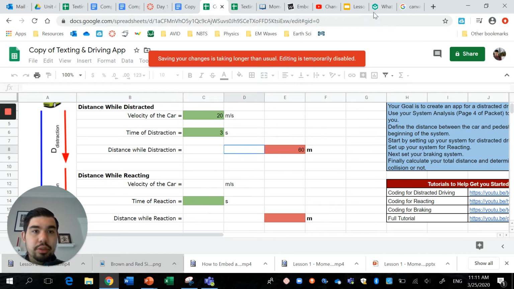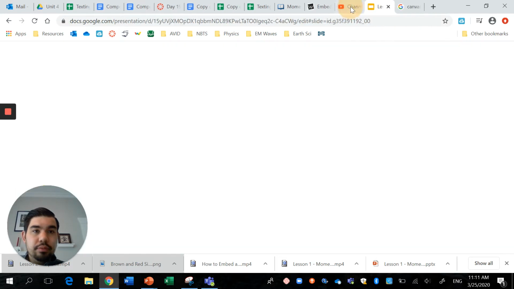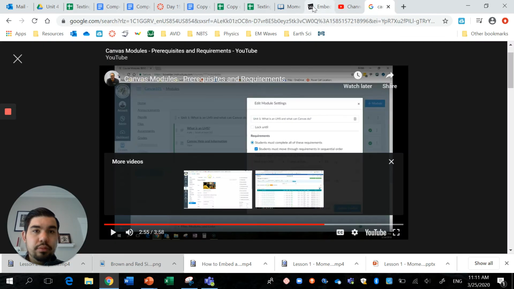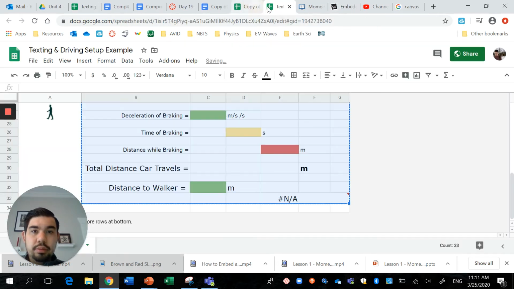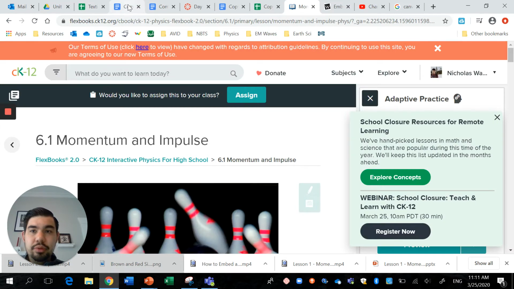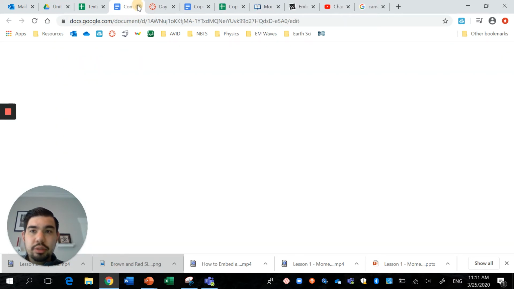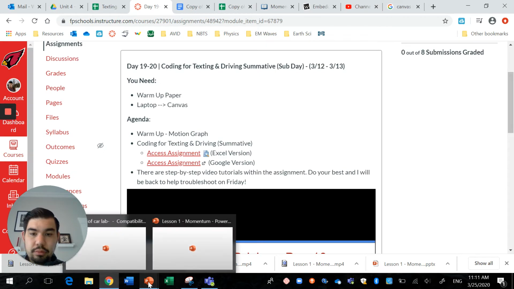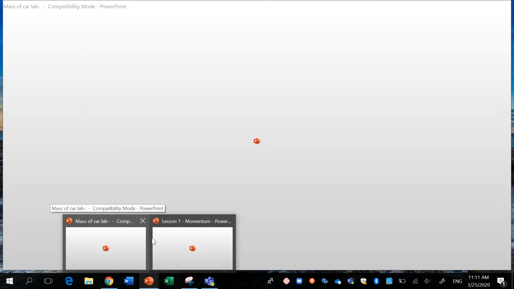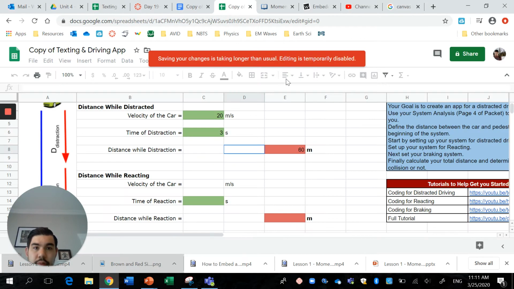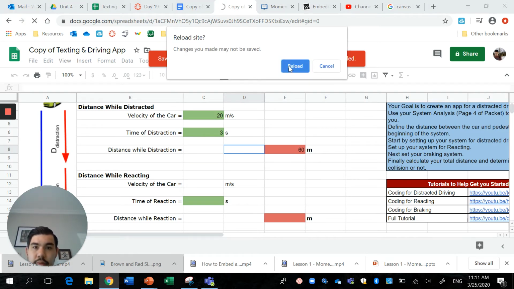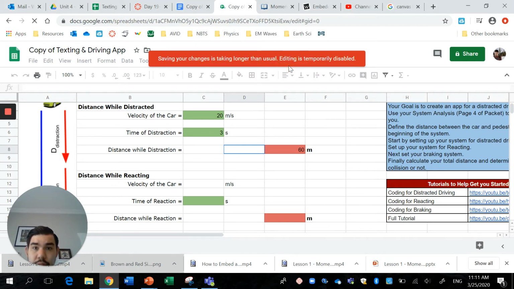That's annoying. Way to clear up a couple things here. Computer's going a little bit slower than it should. Go ahead and reload this.